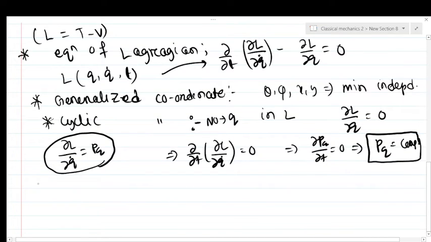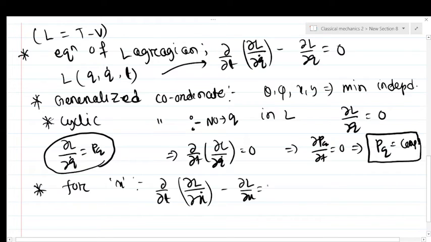Here we have to check from the equation of motion of the Lagrangian which are the cyclic coordinates and what the equation of motion is. For x, our equation of motion will be del L by del x dot, del by del t, minus del L by del x is equal to 0.